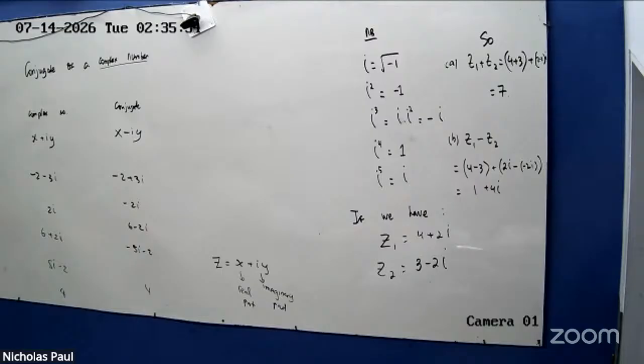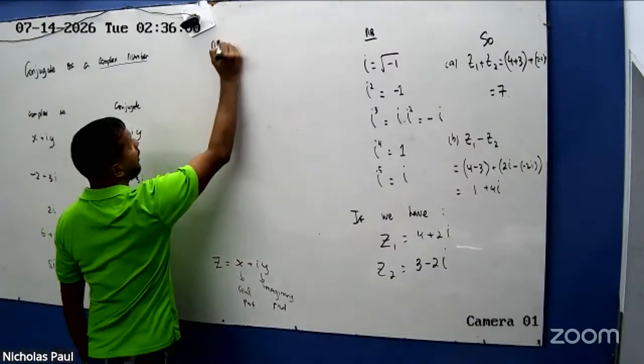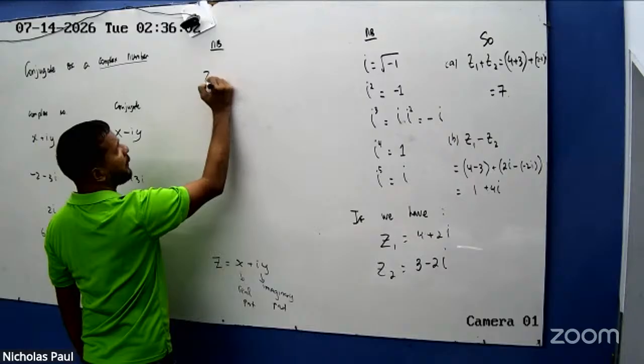I want you to tell me something now. Look at the conjugate number. If you add a complex number and its conjugate, you'll always get what? Make a note of this, and I want you to be specific.